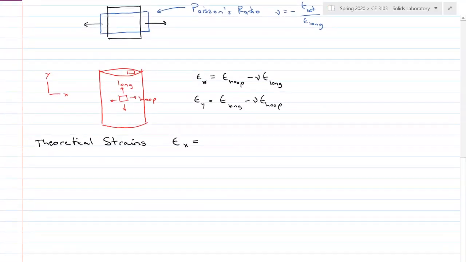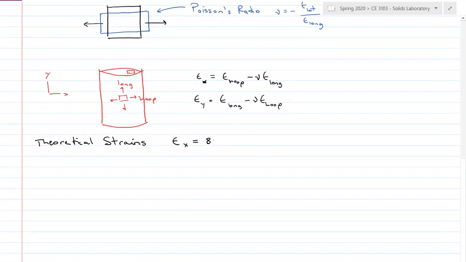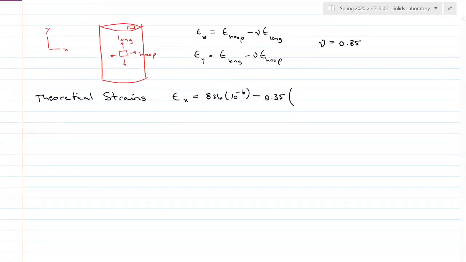Which one was E hoop? The 826. 826 times 10 to the negative 6 minus Poisson's ratio for aluminum, using the same one that we used for the modulus of elasticity, is 0.35 from your textbook, times E long, which is the 413.